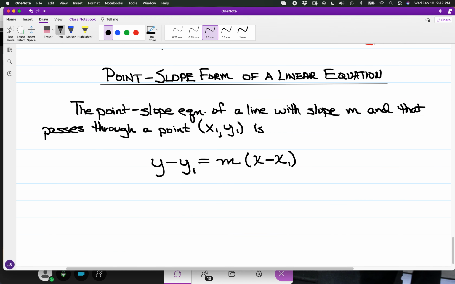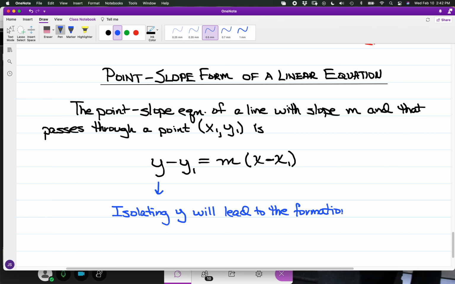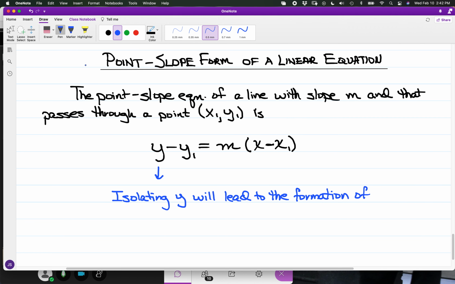Now, in the case of the y that is jutted out at the front, isolating this y will lead to the formation of what is going to be the slope-intercept form of a linear equation.